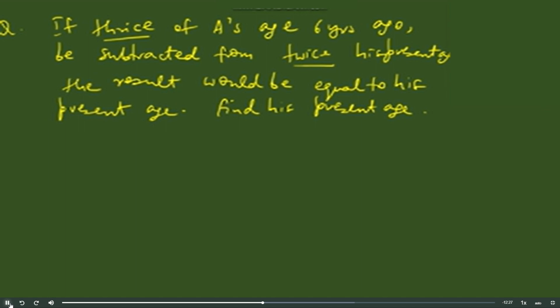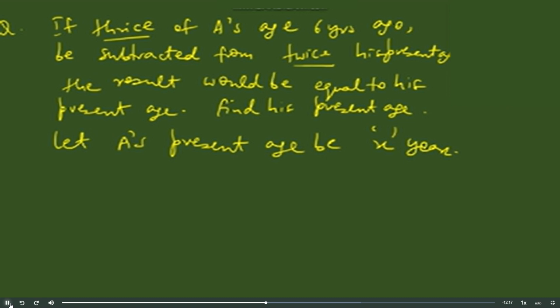So let A's present age be x years. Six years ago, his age is x minus 6.